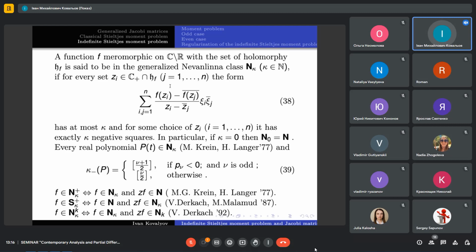So, of course, we can define class N_kappa^+ and class N_kappa^k, but today we consider the indefinite Stieltjes moment problem in the class N_kappa^k. So this class is called the generalized Stieltjes class. It consists of the functions such that f belongs to the class N_kappa, and that f belongs to the class N_kappa.